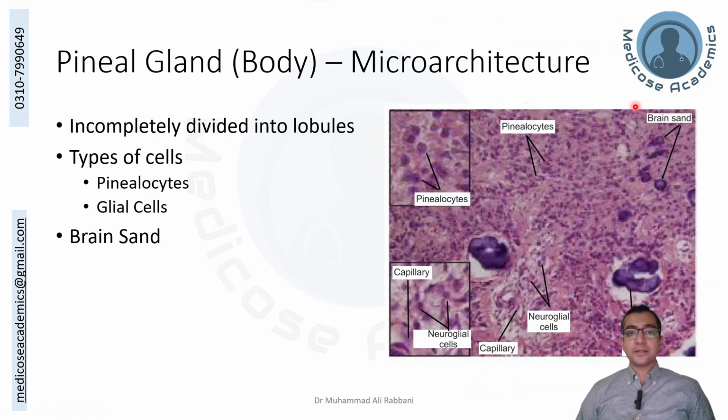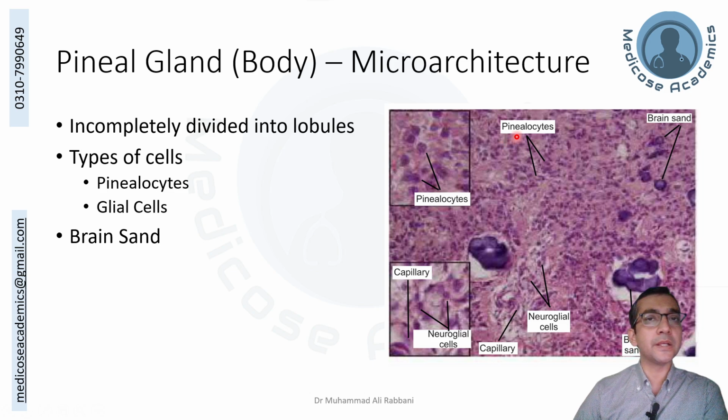This pineal gland itself is partially divided into different lobules. It has multiple types of cells. The most important ones are pinealocytes and glial cells. The functional cells are pinealocytes, and this area has a very interesting histology of having concretions called brain sand, and that is visible in radiology also.